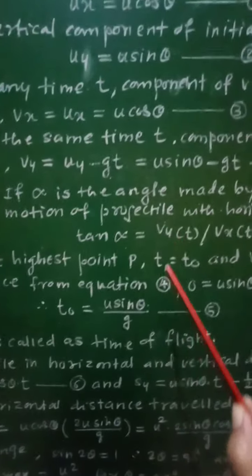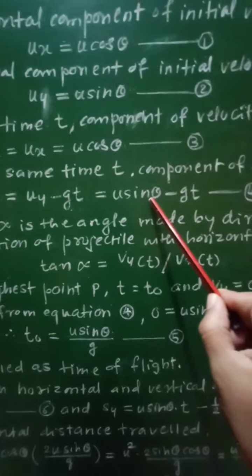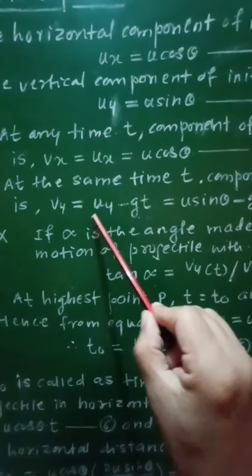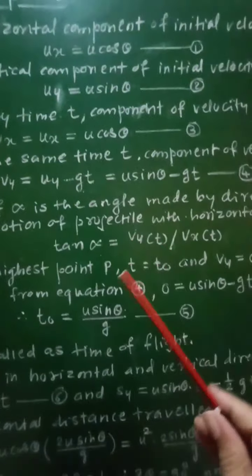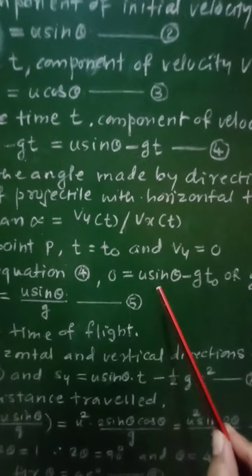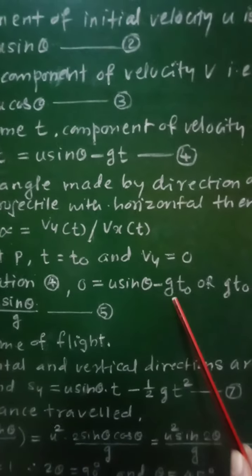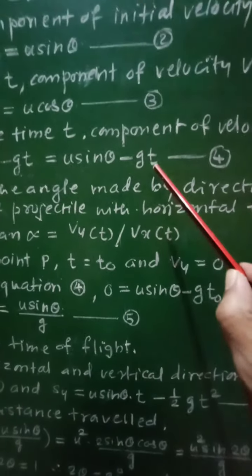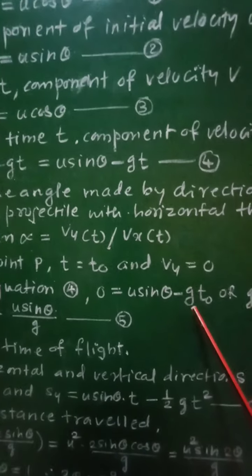Hence from equation number 4, we can write vy equal to 0, and therefore 0 equal to u sin theta minus gt0, this t being replaced by t0.